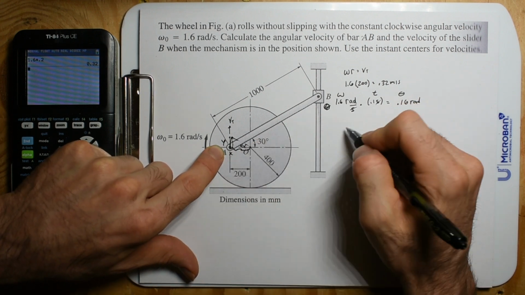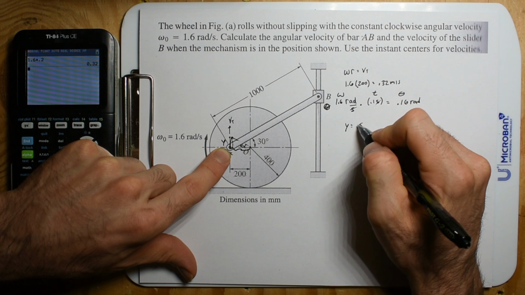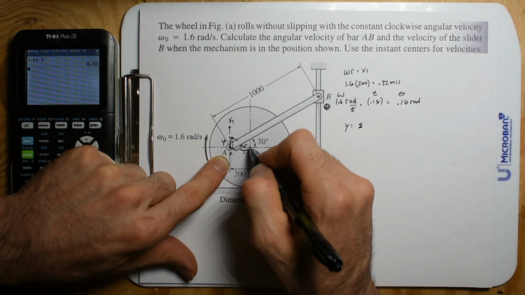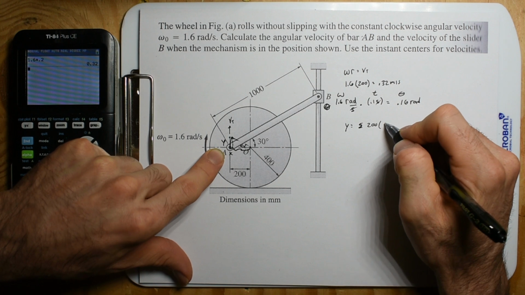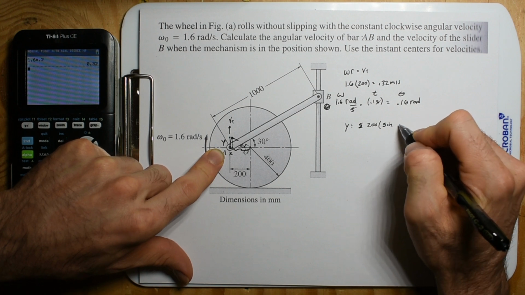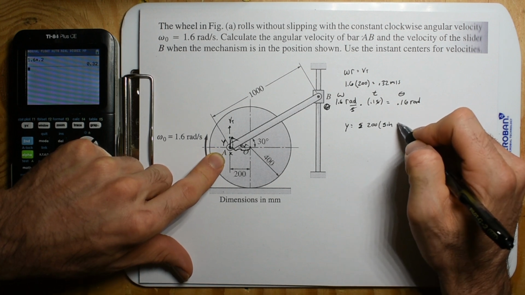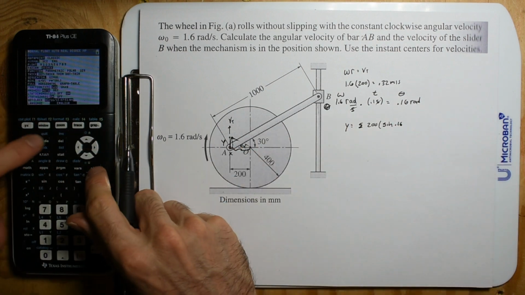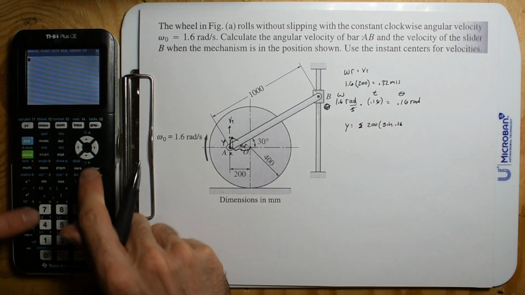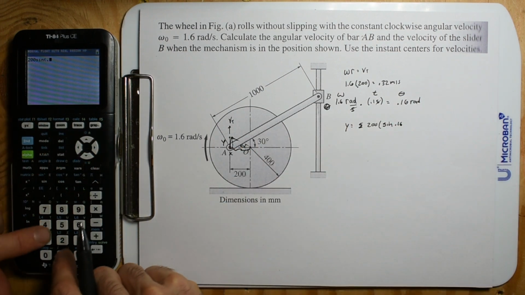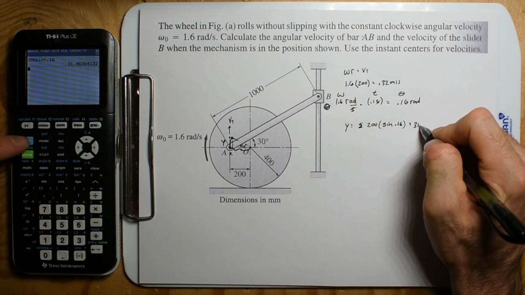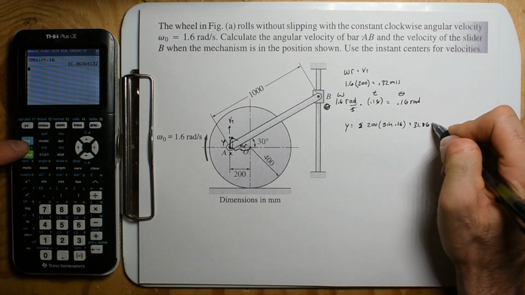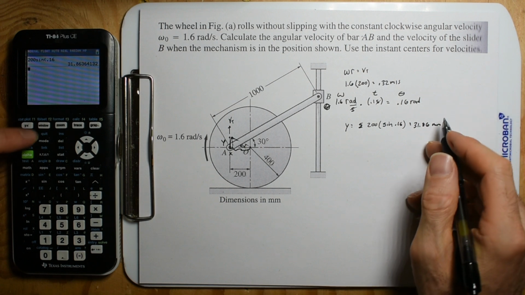And so we say this y is going to be the radius, so it's 200 millimeters times the sine of 0.16. So I guess we'll just stay in radians now. So 200 sine of 0.16, and we get 31.86 millimeters.